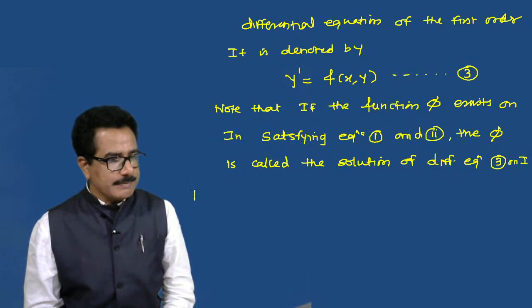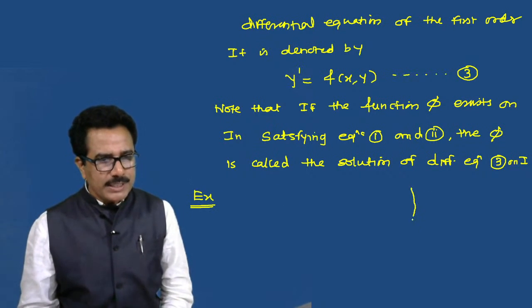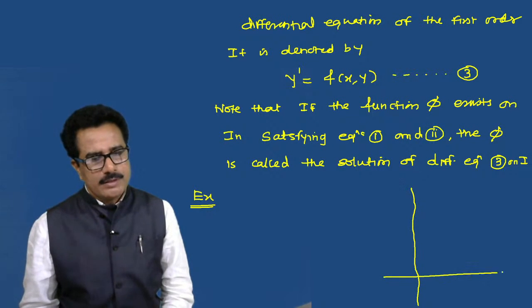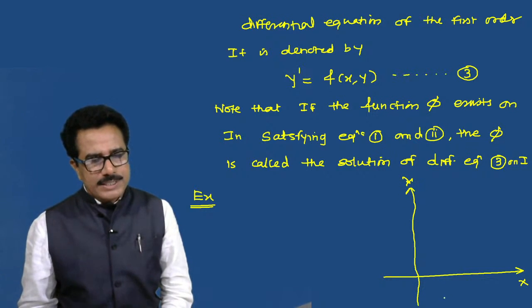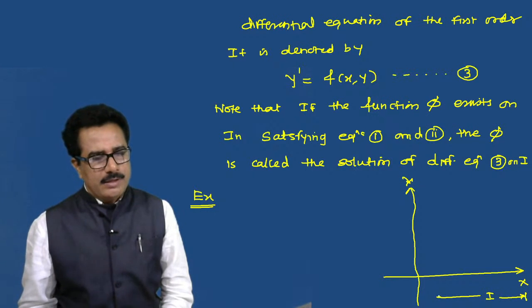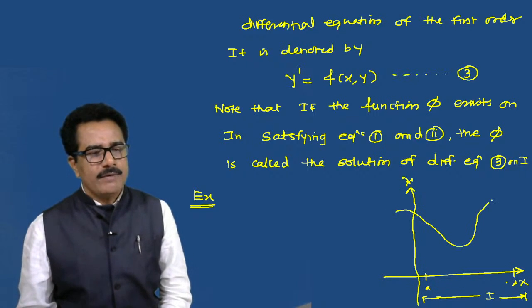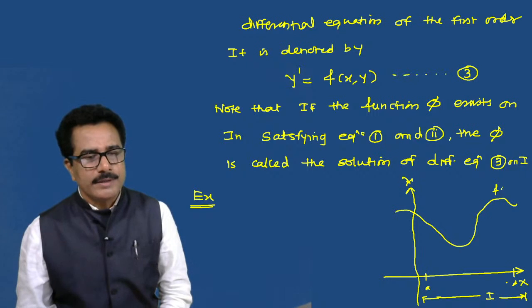For example, here, suppose we consider the function, this is the x-axis, this is the y-axis, and we consider this as an interval I, for some interval I, suppose A to B, and we consider the function f of x comma y.